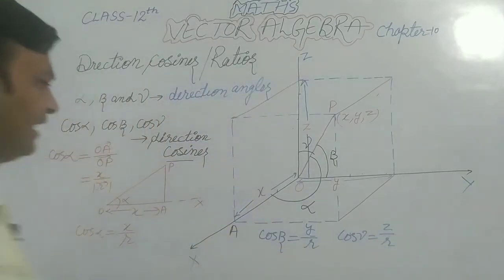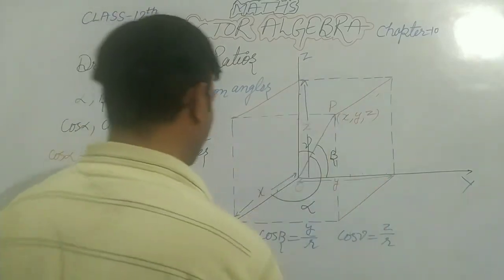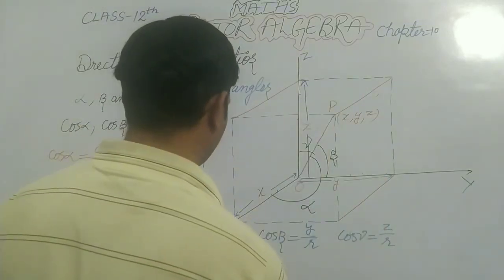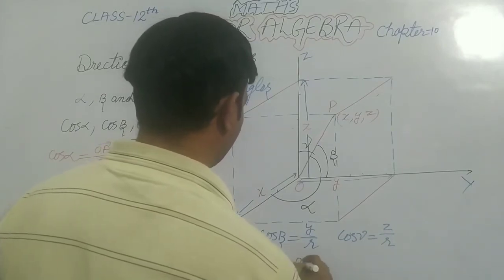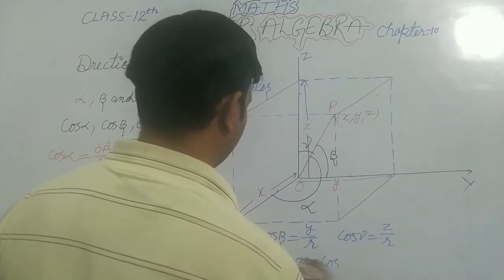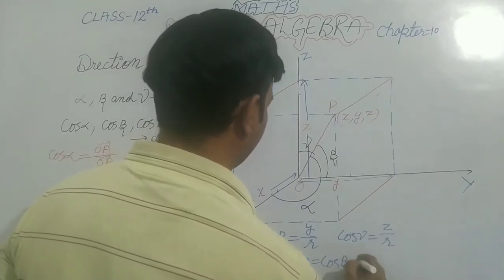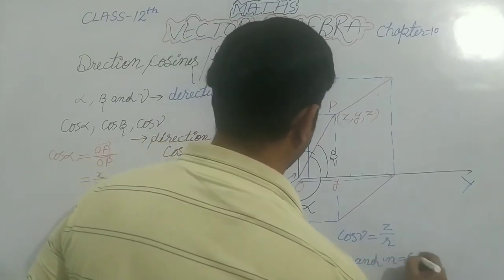So we can denote the direction cosines of alpha, beta, gamma as L, M, N. L equals cos alpha, M equals cos beta, and the last one, N equals cos gamma.